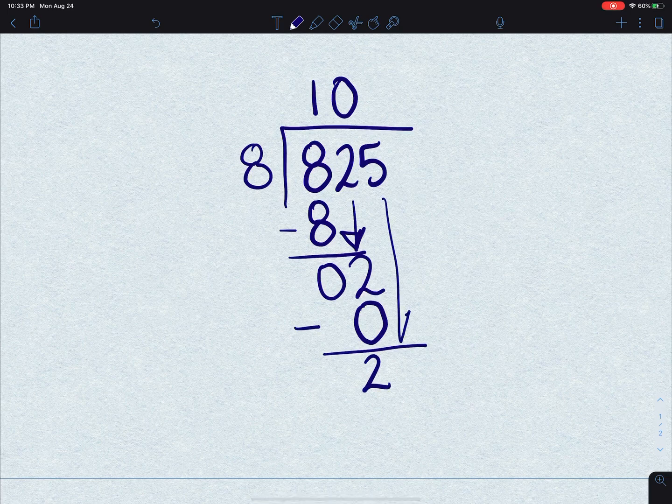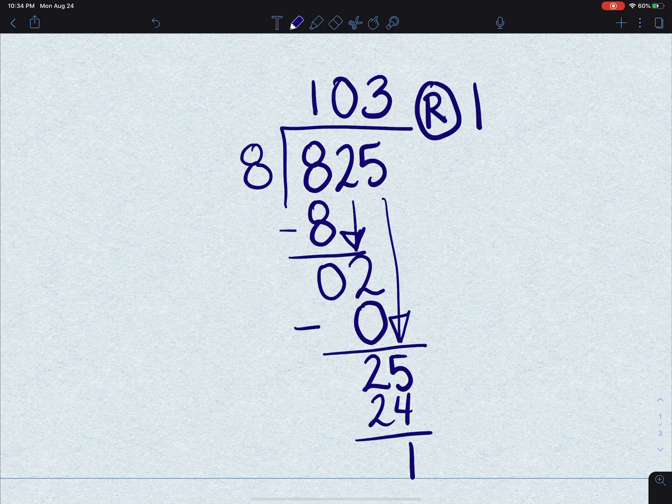And then I bring down the 5. 8 goes into 25. 8 times 3 is 24. And that leaves 1 left over. So it's 103 remainder 1. And let me see if I got that right. It's problem number 20.